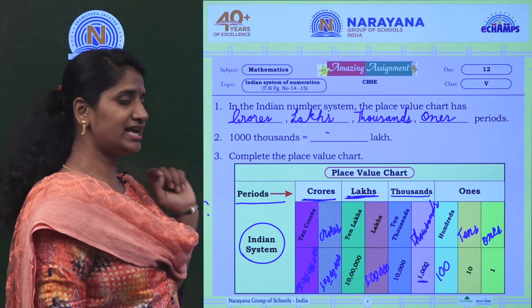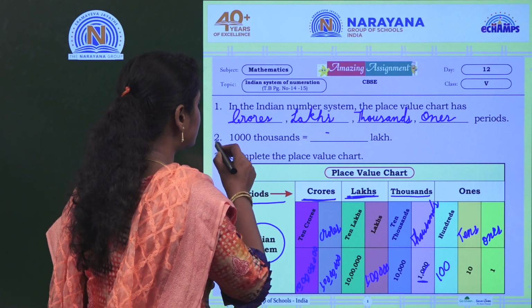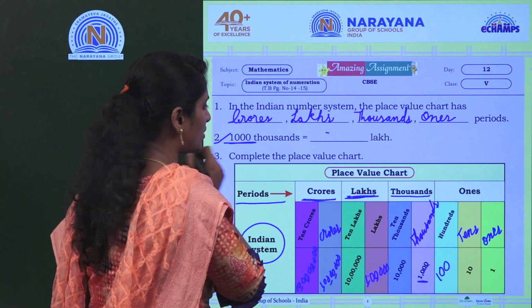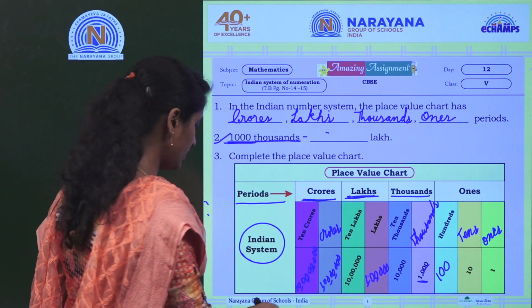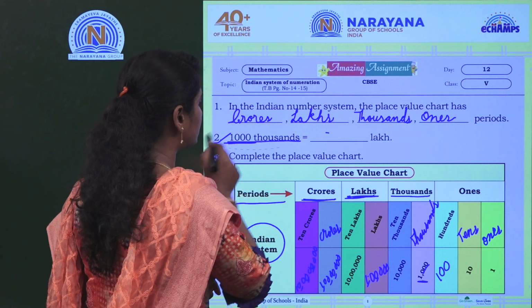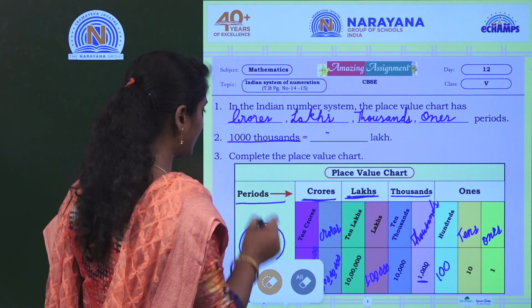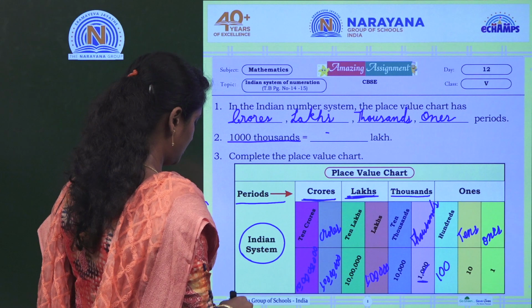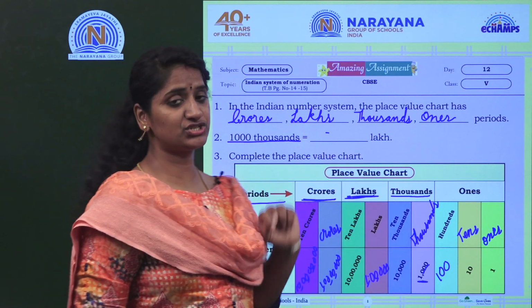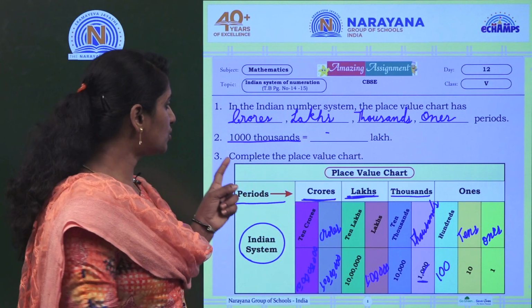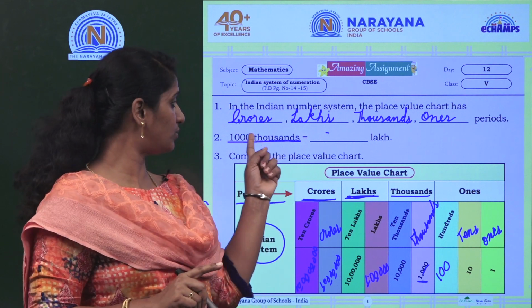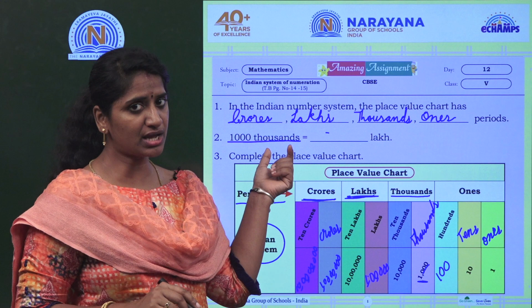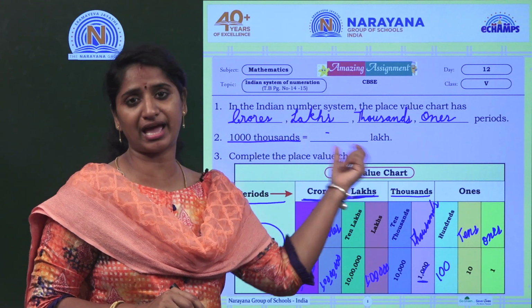Okay children, the next question. Thousands is dash lakhs. So what is the comparison here? We need to check thousands is nothing but how many lakhs.